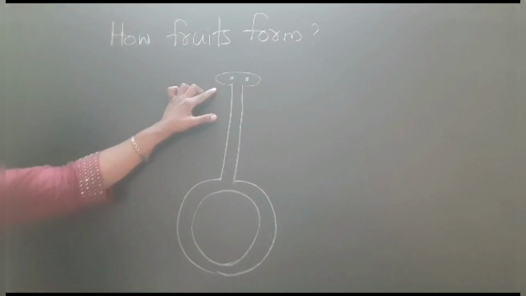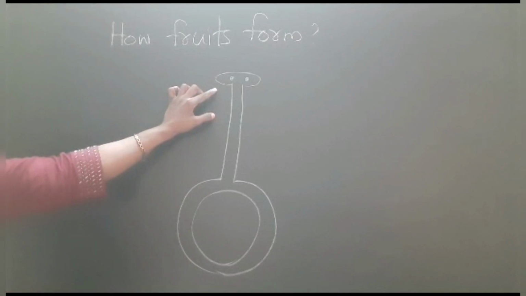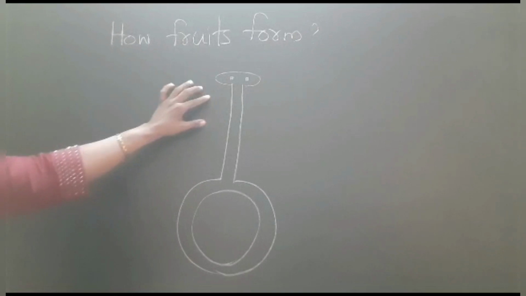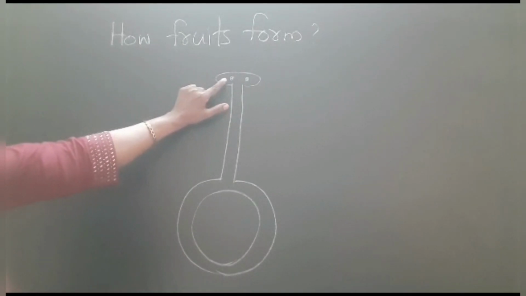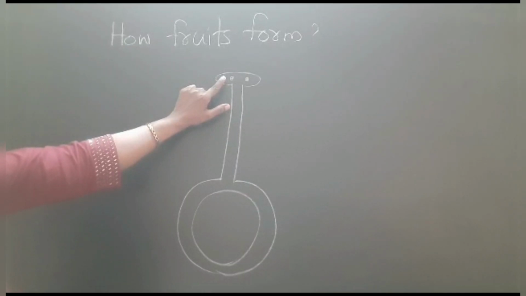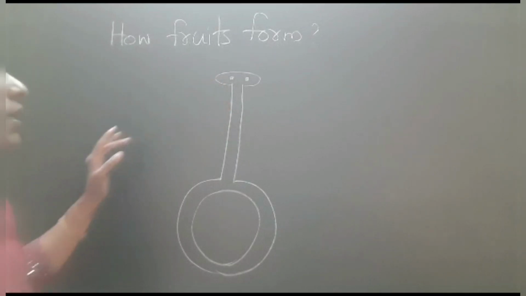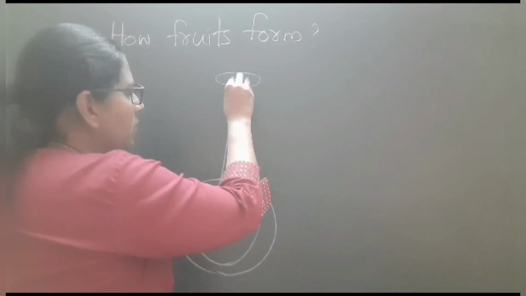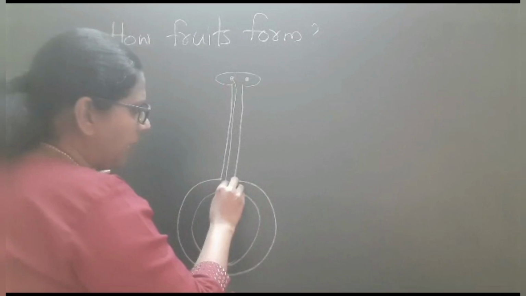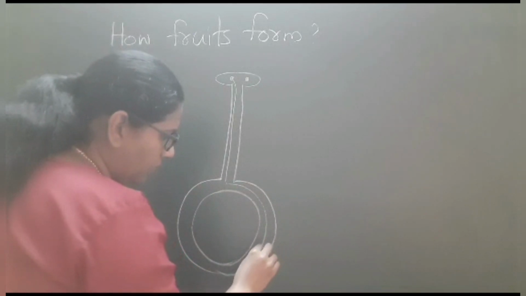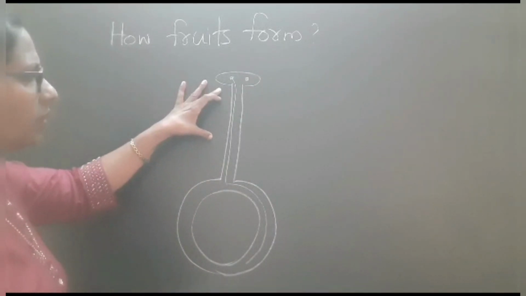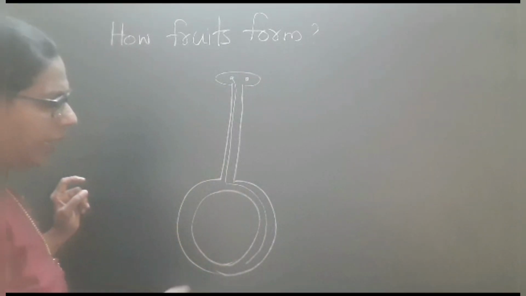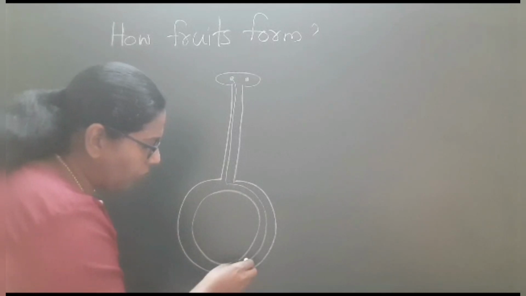After the pollen grain reaches the stigma, it starts germinating a pollen tube, which passes down to the ovary and then comes to the ovule.